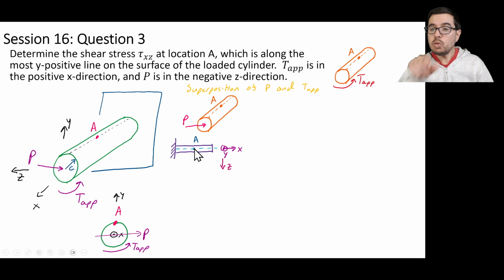So on the neutral axis we have point A, and we have our transverse force P that is pushing upward like this. So you see that this is rotated 90 degrees. This is now down, and we're looking at the profile along the length of the beam.